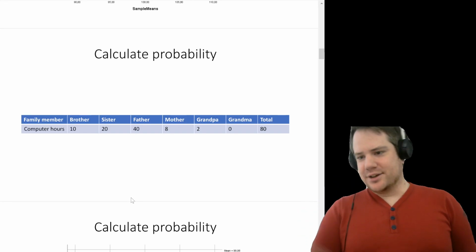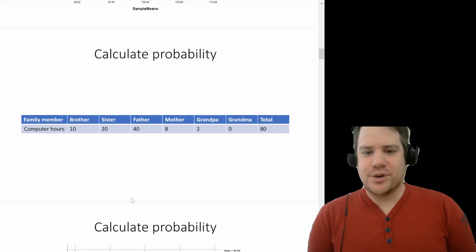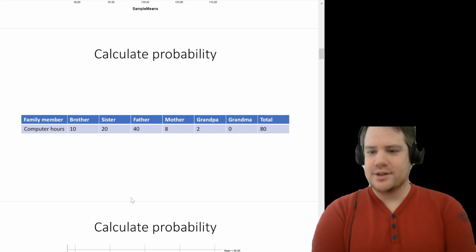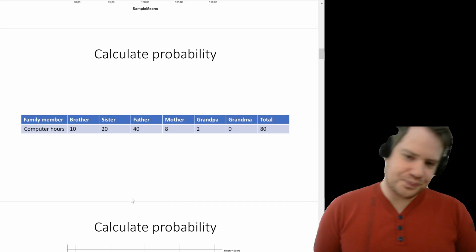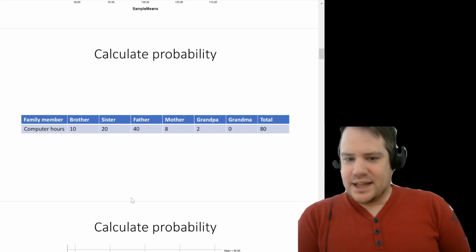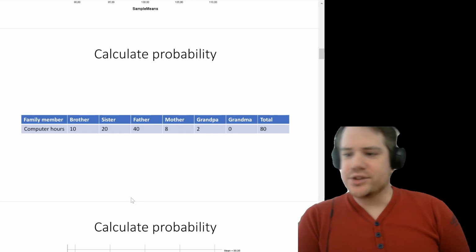Now, let's say the computer was on 80 hours a week, and on average, my brother used it 10 hours, sister used it 20 hours, father used it 40 hours, mother 8 hours, grandpa 2 hours, and grandma 0 hours per week. Just as an example. Given that the computer is on, you can then calculate the probability that a particular person is there.